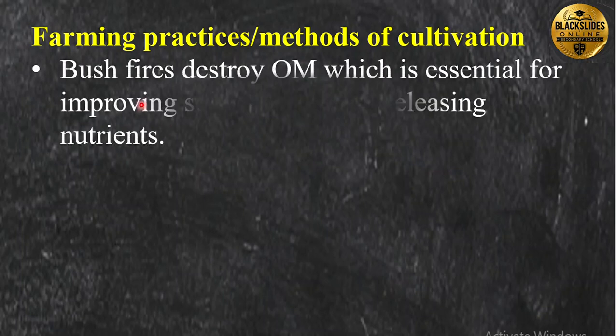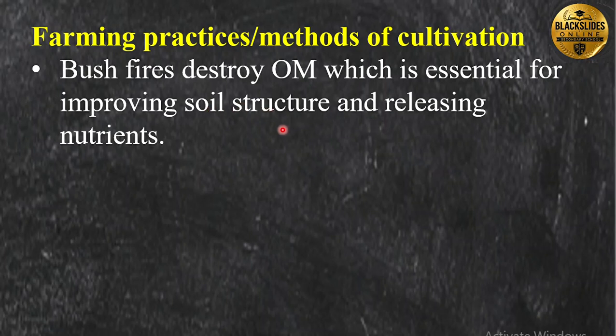Another factor that determines the nutrient status of a soil is farming practices or methods of cultivation. All right. For example, bushfires. If you clear land by burning bush, that would destroy the organic matter, which is essential for improving soil structure and releasing nutrients.